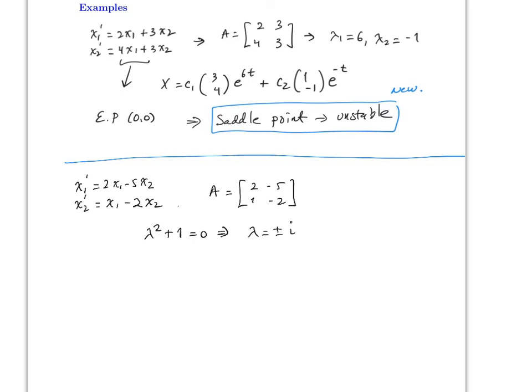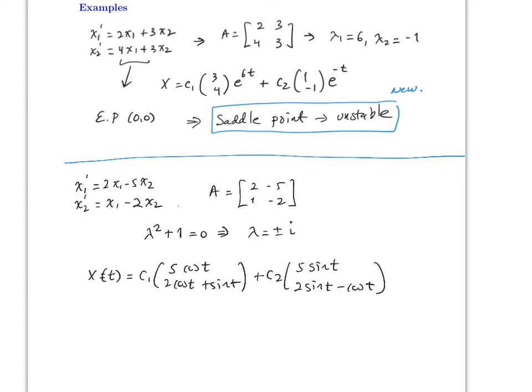The answer in this case was x of t equals c1 times cosine t, 2 cosine t plus sine t, and then c2 times sine t, 2 sine t minus cosine t.